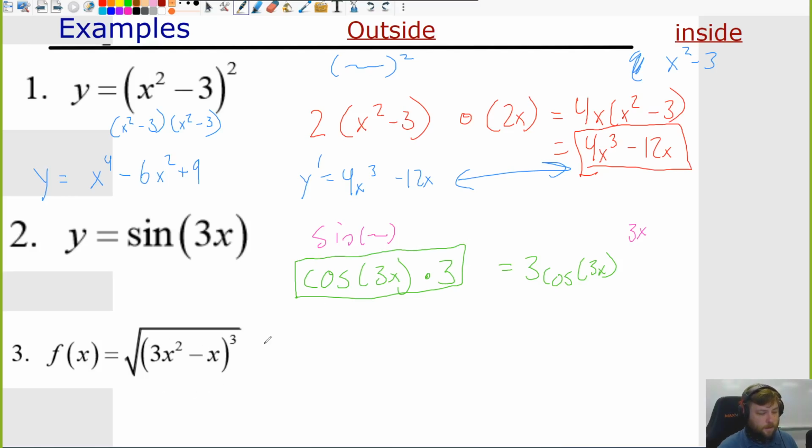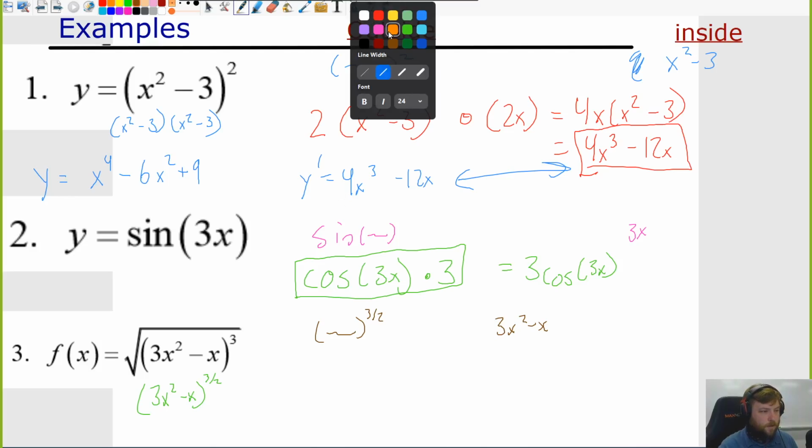Now the last one, I would rewrite this one as 3x squared minus x to the 3/2 power. And our outside in this case was something to the 3/2 power. The inside was 3x squared minus x.